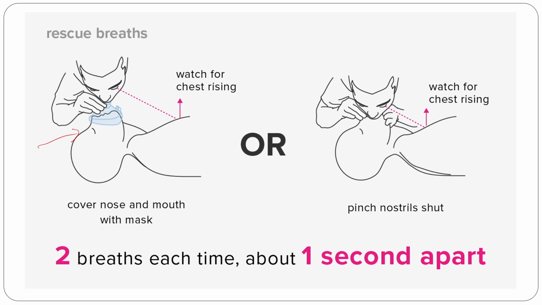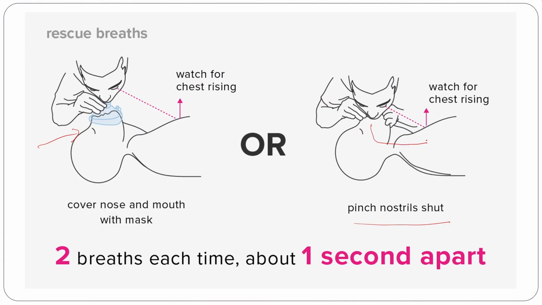In this case, you cover the nose and mouth with the mask. Watch the chest rising. If you do not have such a barrier, while giving breath you pinch and shut the nostrils. So, whatever air you are breathing out will enter from the mouth into the lungs and you can see the chest rising.